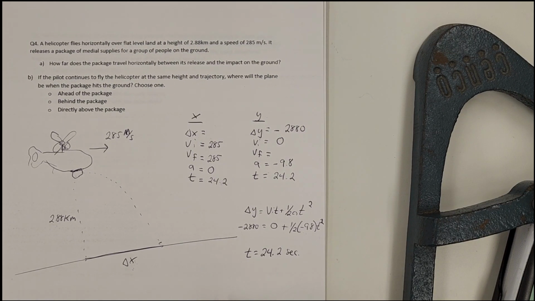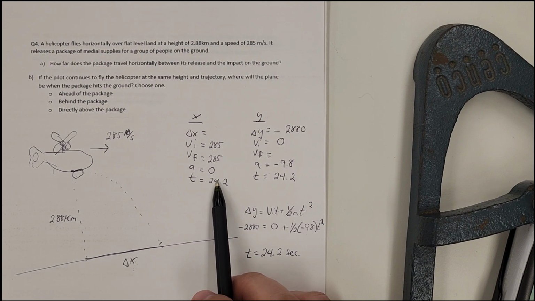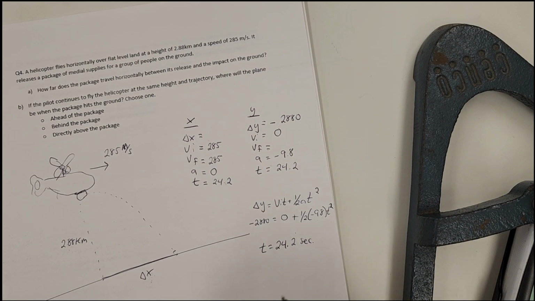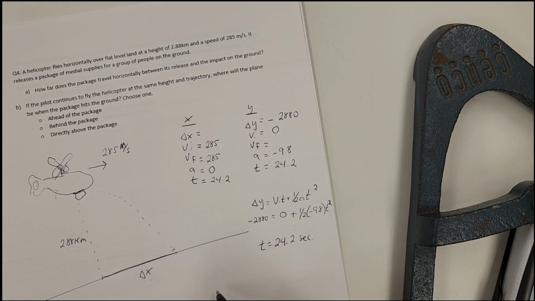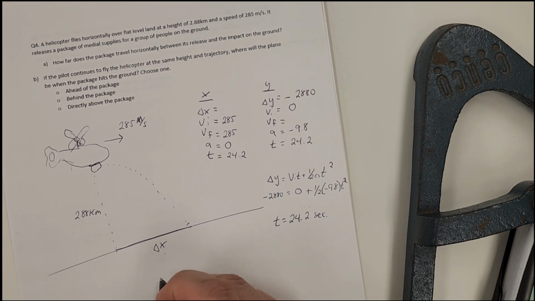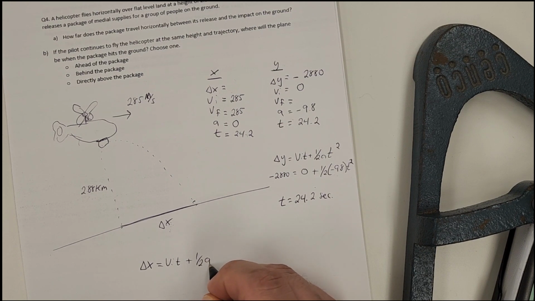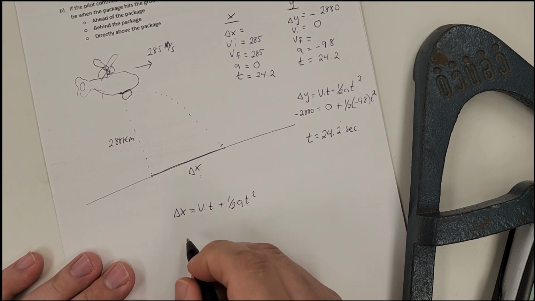For delta x, the second equation won't work because that doesn't involve time. We need something that does involve time. So I guess it's going to have to be the third equation. This equation again, but for over here. This time though, we're going to solve for the change in x. Change in x is equal to vi t plus 1/2 a t squared.